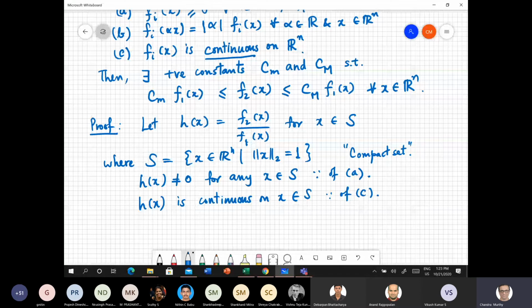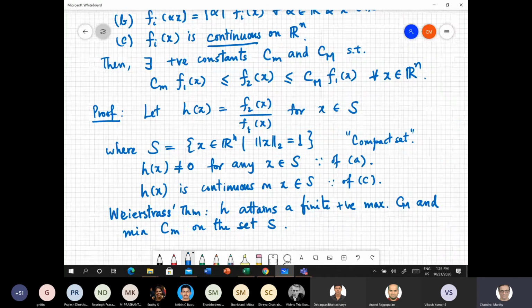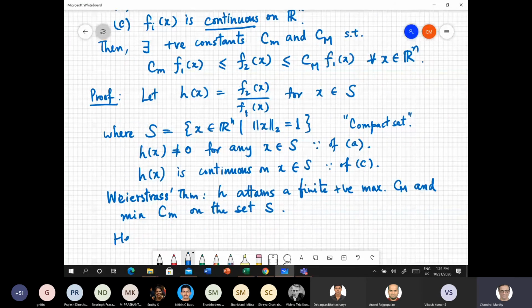Okay. So now what the Weierstrass theorem says is that a function h which has these two properties attains a finite positive maximum, C capital M, and minimum, C small m, on the set S. So that implies that we have C small m times f1 of x is less than or equal to f2 of x.